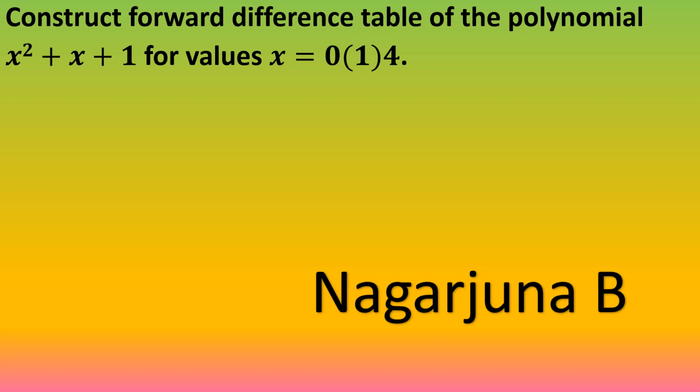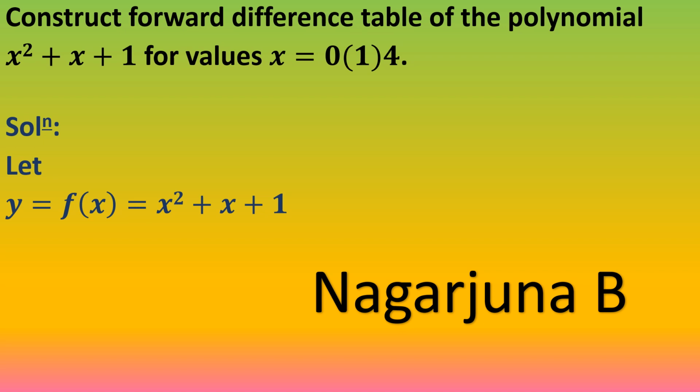So now, solution. Let y is equal to f of x is equal to x square plus x plus 1. Whatever polynomial has been given, you consider that polynomial as y is equal to f of x.